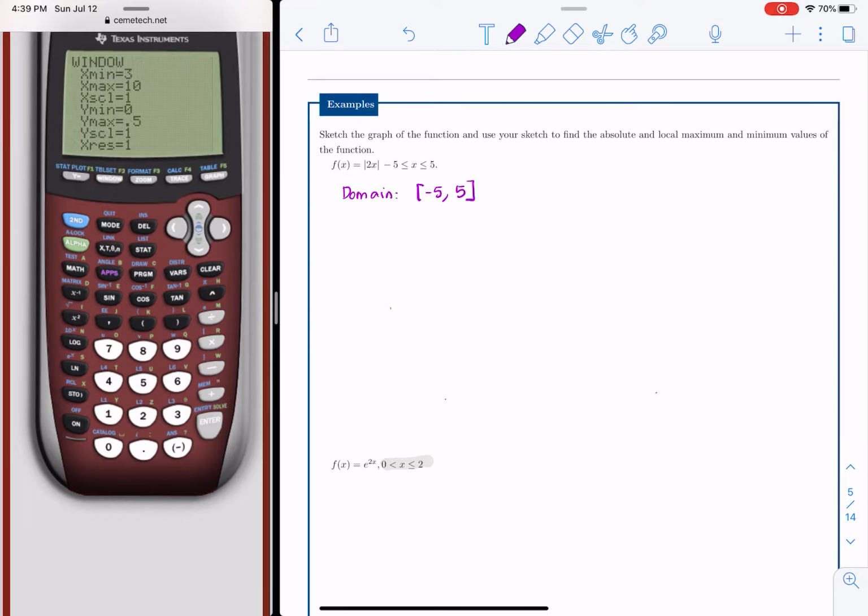I'm going to adjust the window from -5 to 5. And the y values are going to be positive because you can't plug in a negative number in an absolute value function and get a negative number. So this is going to go from 0 to 10, call it 12, and let's graph. And that's what I would have.